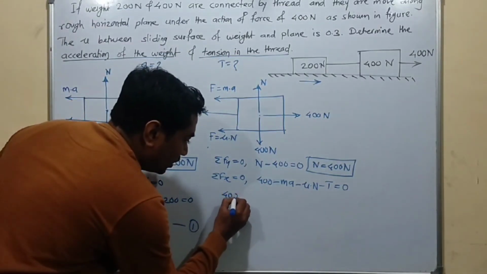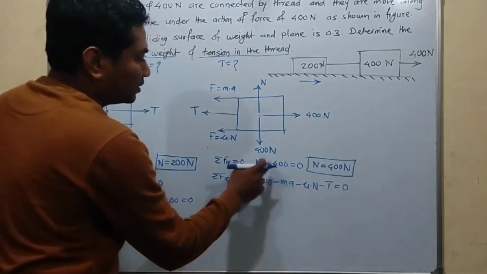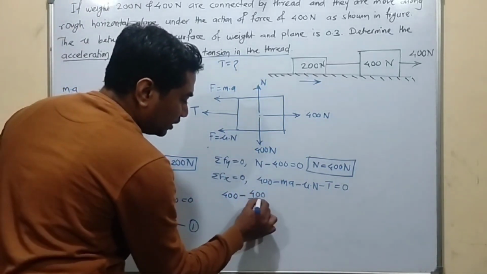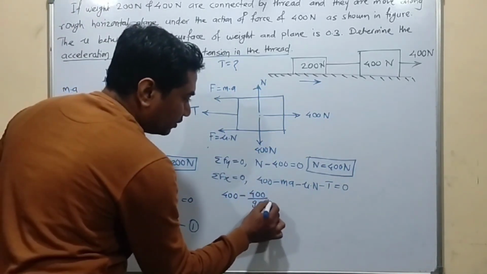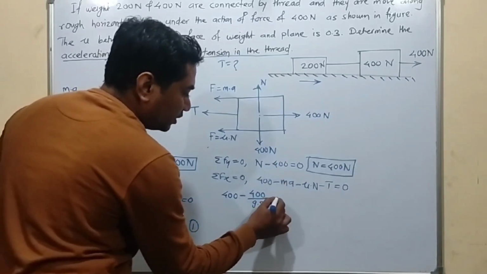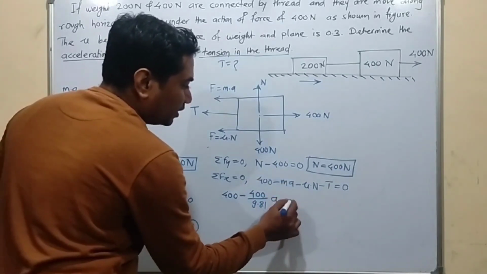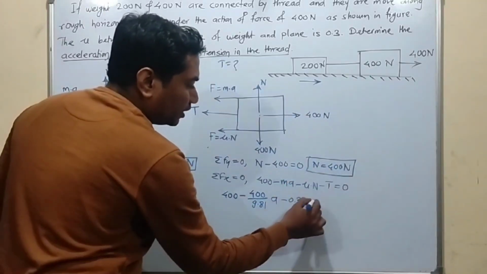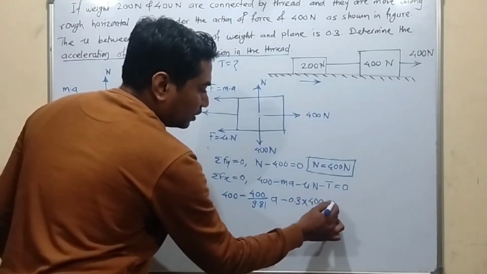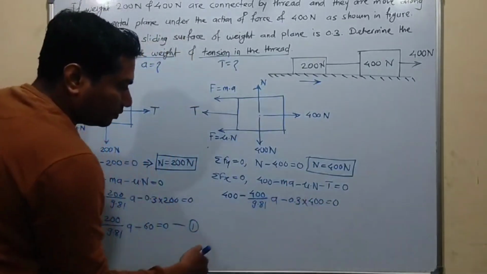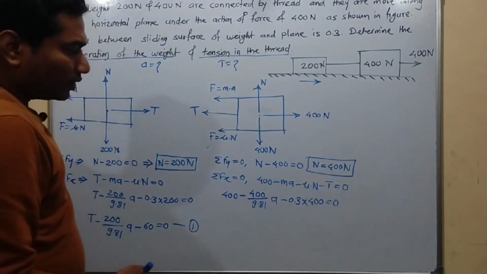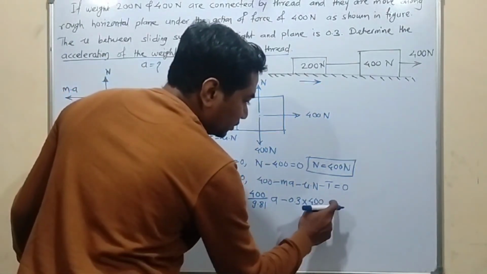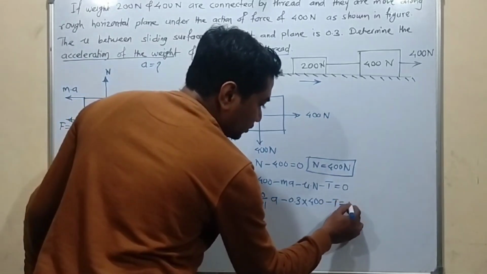So this 400 minus mass, which is weight, that is 400 divided by 9.81 into acceleration, that is unknown, minus mu is 0.3 and normal reaction is 400, which is equal to 0. So we will simplify this. We will try to find out the unknowns. Minus T is equal to 0.